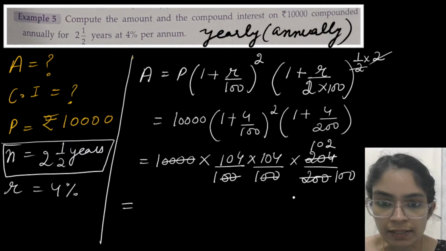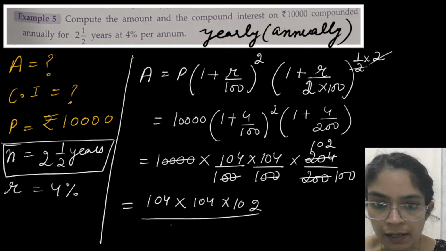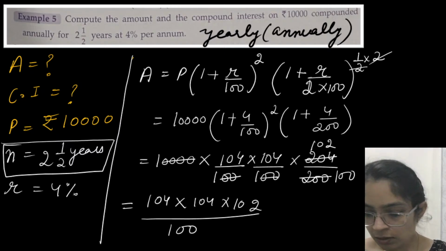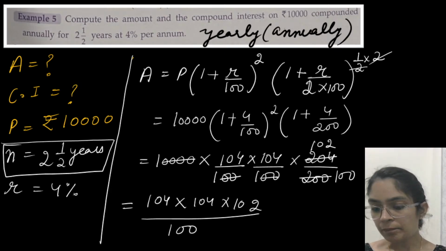Now further, from here we can do multiplication: 104 into 104 into 102 by 100. So I think you people have done the calculations. What is the value of amount we are getting? 11,248.64.